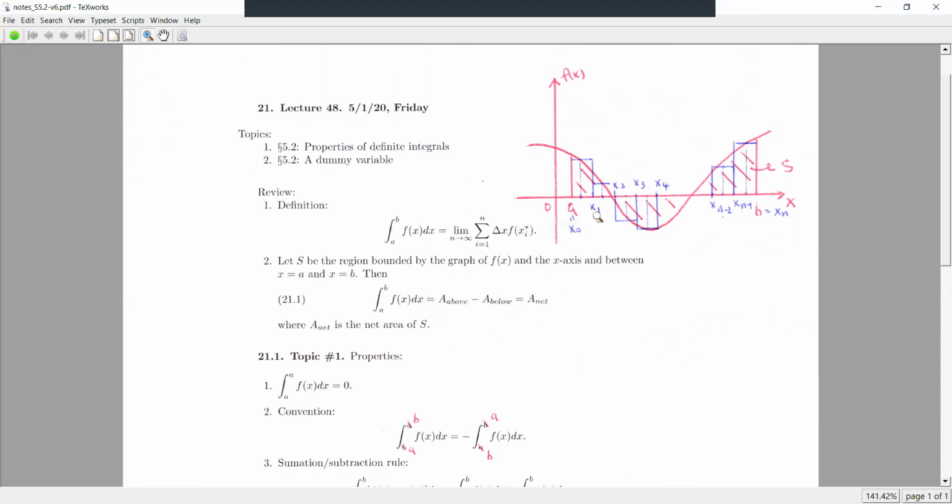In this diagram, when A and B are the same point, the region S will degenerate into a line. A line has no area, and an integral is net area. So the integral from A to A is 0. It is the net area of a line.